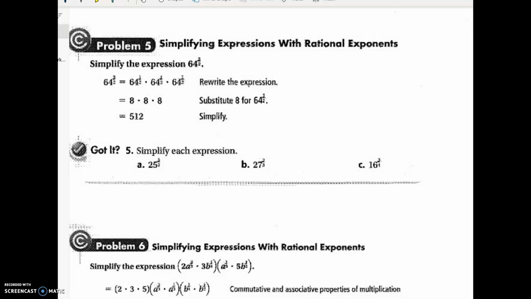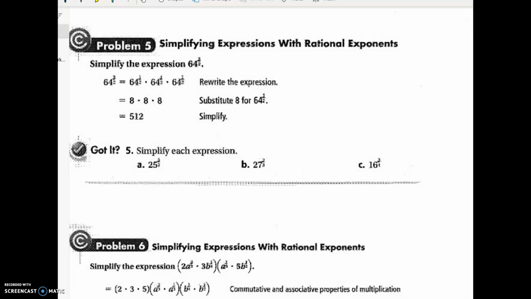So in this case, 64 to the 3/2, we could rewrite as 64 to the 1/2 times 64 to the 1/2 times 64 to the 1/2. We're taking the 1/2 and multiplying it 3 times with the 64.